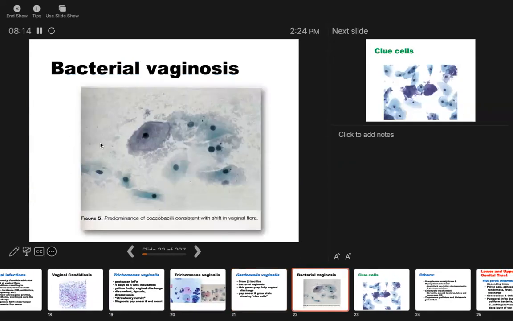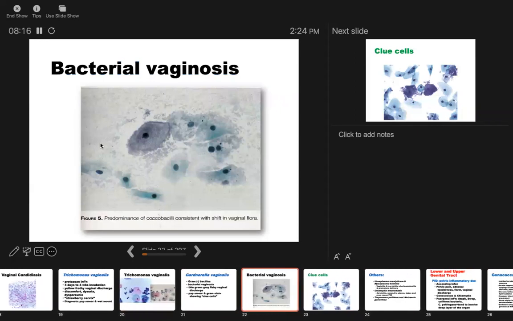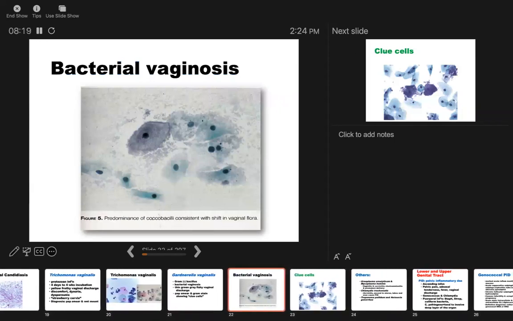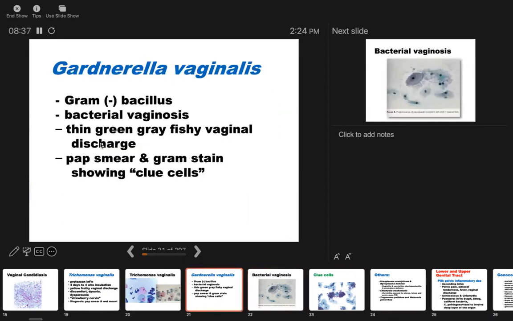Now, sometimes bacterial vaginosis is encountered, and the clue that more likely your patient is having bacterial vaginosis is that they will give a thin green malodorous discharge, described by the patient often as a fishy vaginal discharge. When this happens, think of Gardnerella vaginalis.